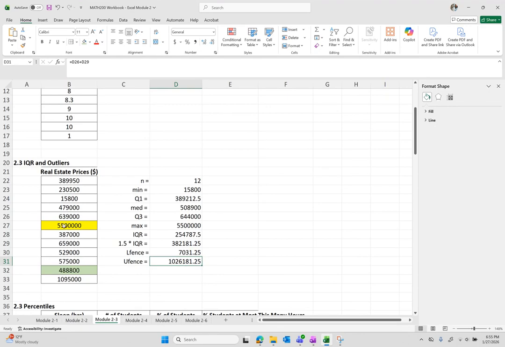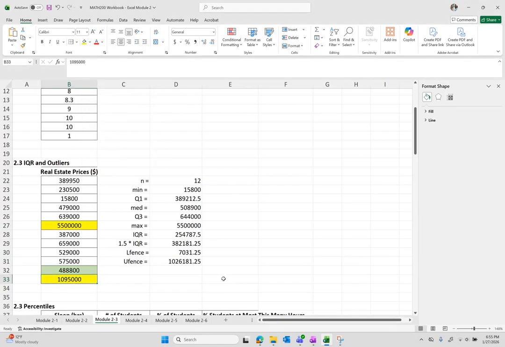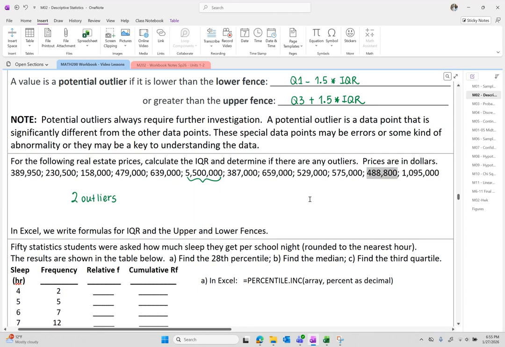Now the 5.5 million is an outlier, but also the 1,095,000 is an outlier, but it wasn't before. And the 488,000 is not an outlier. So again, I do have two outliers now that my math is correct. So I have this outlier as well.